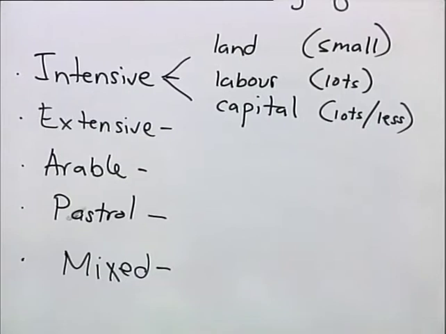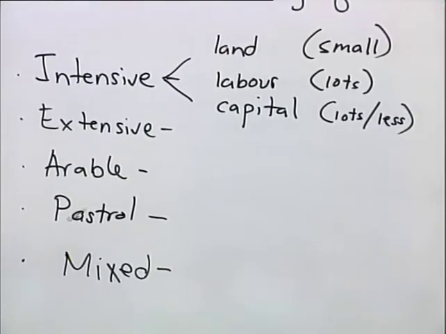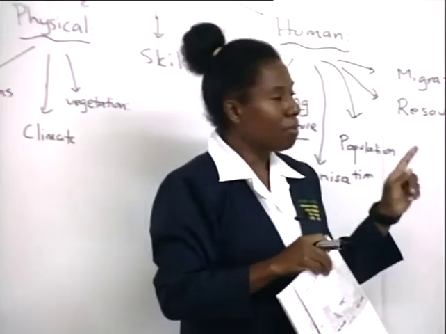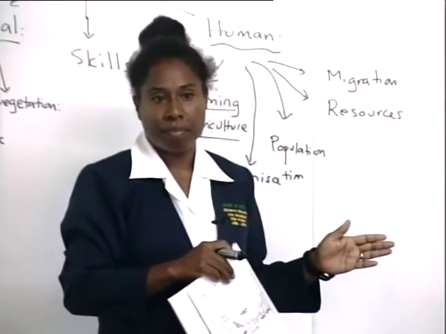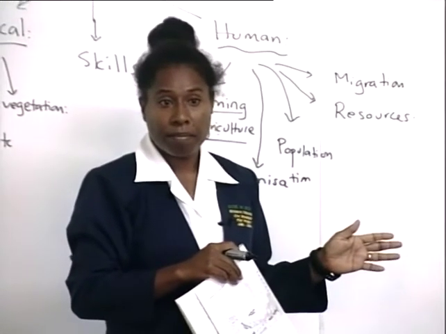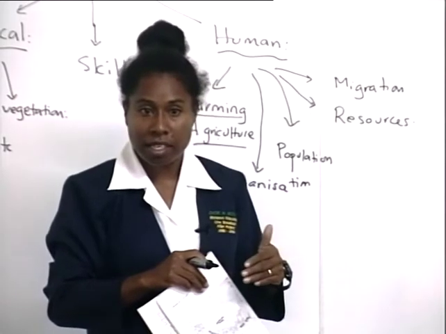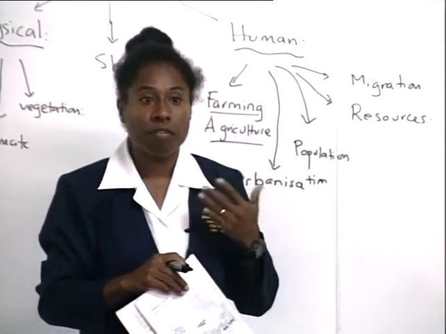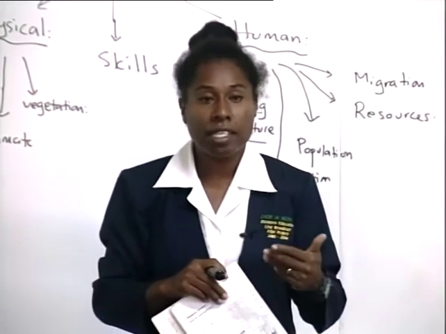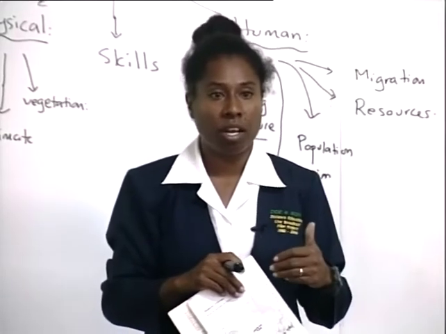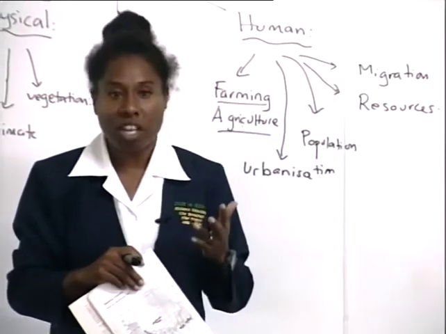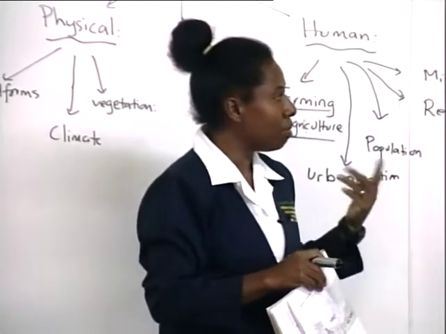Say, for example, if you were in a developing country of the world, how can you describe capital on a farmland if it is intensive? It will be less. A lot of labor will be required, especially in the developing countries of the world. How about if we lived in the developed countries of the world? How can we describe capital?